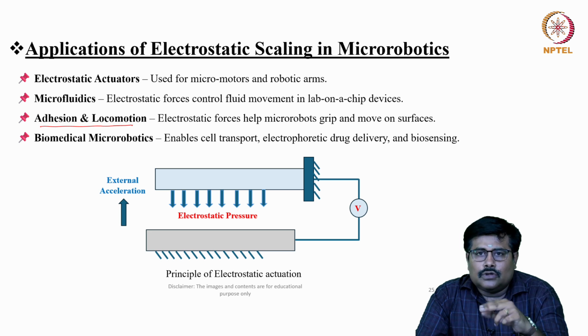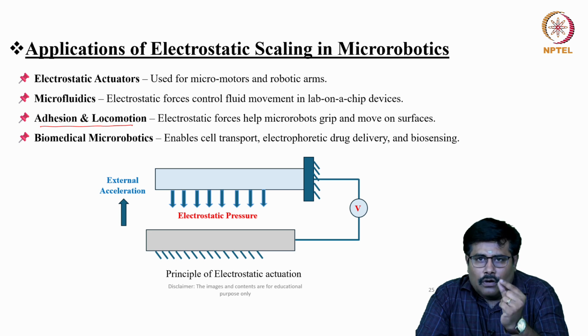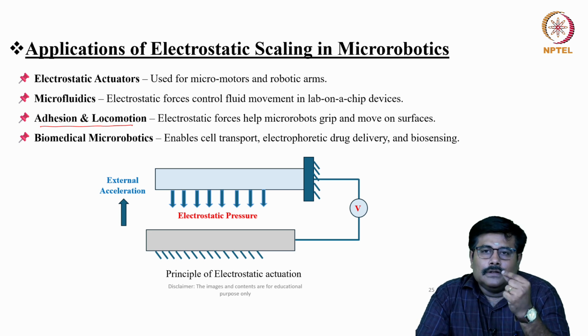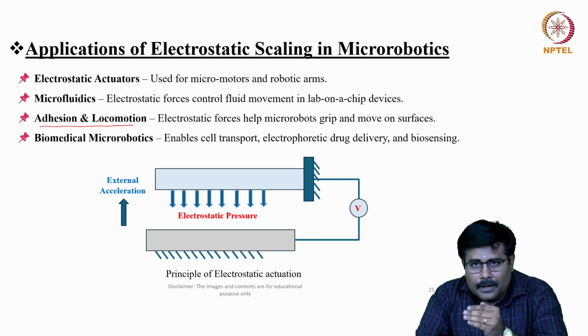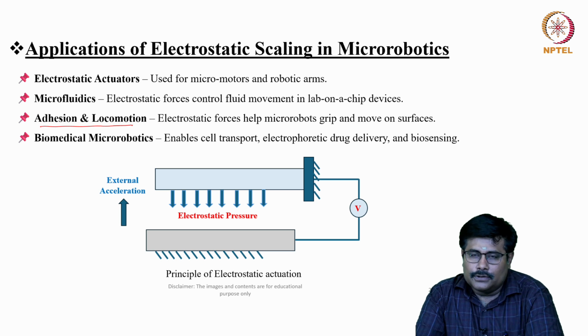And another one is with reference to locomotion. When we talk about locomotion, automatically the concept of resolution of the locomotion comes into the picture. So the actuation mechanism we select should have an appropriate capability to control the locomotion.